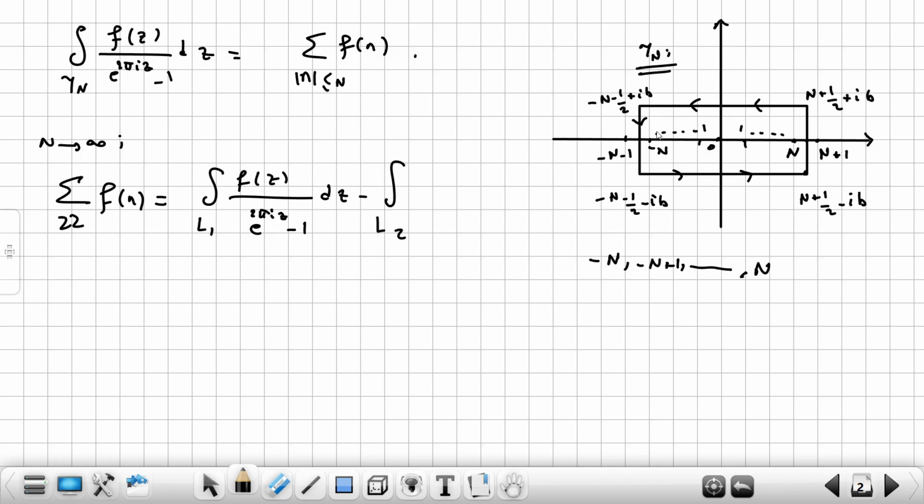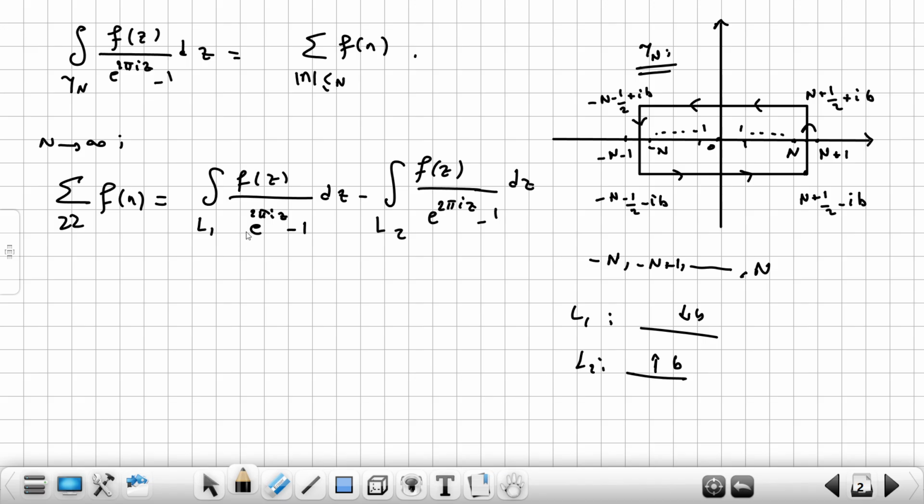One can simply show that the integral over the vertical segments is equal to 0. We did this many times, I will not repeat it. So minus the integral over L2 of the function f of z over e to the power 2 pi i z minus 1 dz. Of course, L1 is the real line shifted down by b, and L2 is the real line shifted up by b.